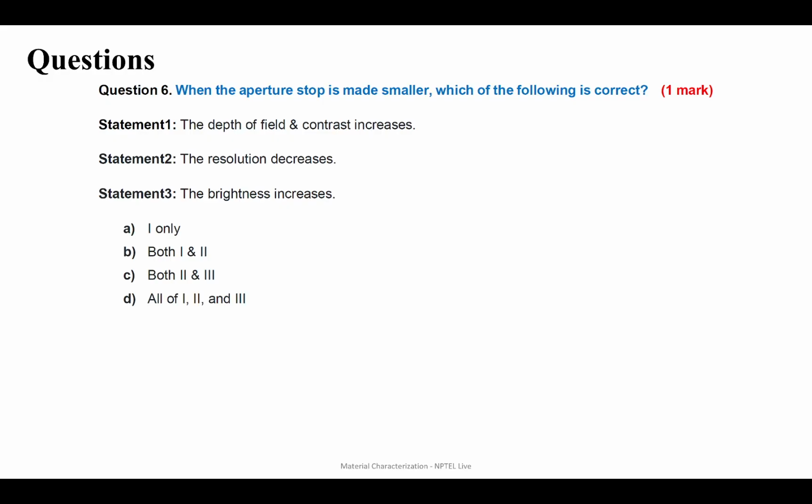When the aperture stop is made smaller, which of the following is correct? 1, the depth of field and contrast increases; 2, resolution decreases; 3, brightness increases. One only, both 1 and 2, both 2 and 3, all 1, 2 and 3.